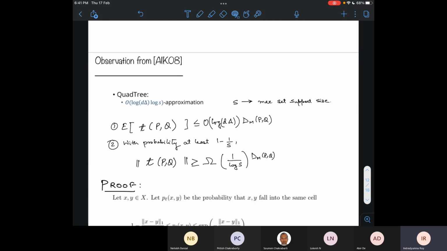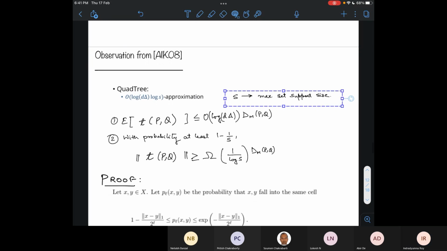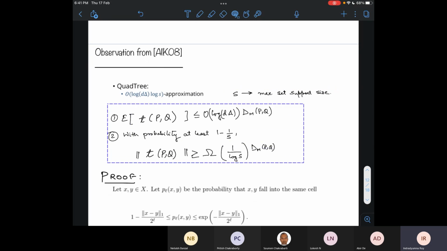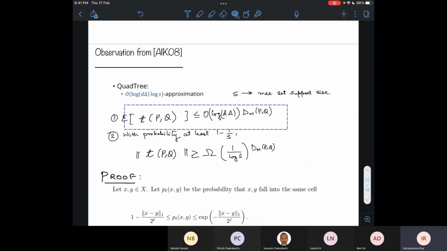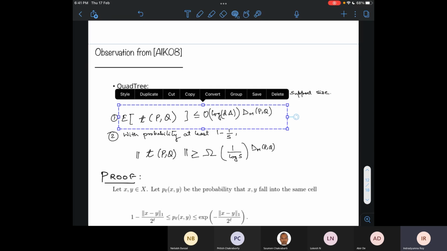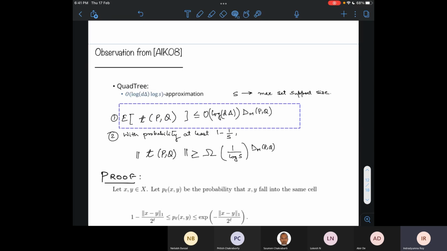So what they basically said is that in high dimensional spaces, as long as you are bounded on the support size of the set, then things are not so bad. So s is the maximum support size of the set. And they basically showed these two inequalities. Again, like before with the earlier two lemmas, we have two new lemmas. So this thing is same as before: this log d delta thing that we showed earlier still holds.